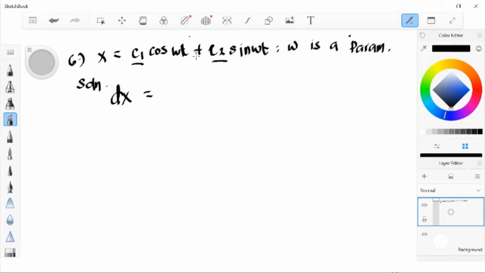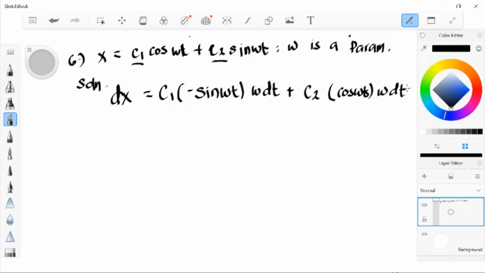And for c1 cosine wt, the derivative, factor out c1, the derivative of cosine wt is negative sine wt multiplied by w dt, because the derivative of the inside is w dt, plus c2, and the derivative of sine wt would be cosine wt w dt.